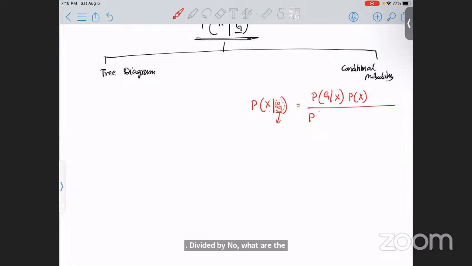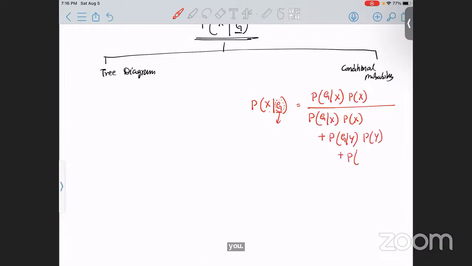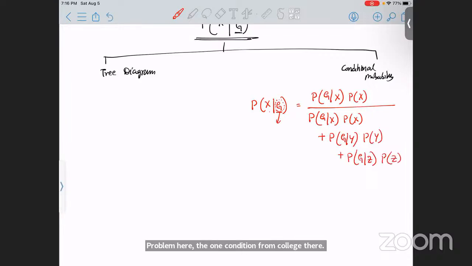Girls are in college X, college Y and college Z. So P of G by X into P of X, plus G by Y into P of Y, plus probability of G from college Z into probability of Z. Are you getting this?